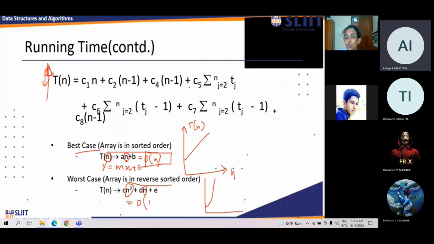Out of n squared and n, n squared is the biggest term. So this is the worst case big O value. So simply, insertion sort best case is happening when the array is in ascending order and its big O value is O(n). And its worst case is happening when the array is in descending order and its big O value is O(n squared). This is what you have to remember under the insertion sort algorithm.